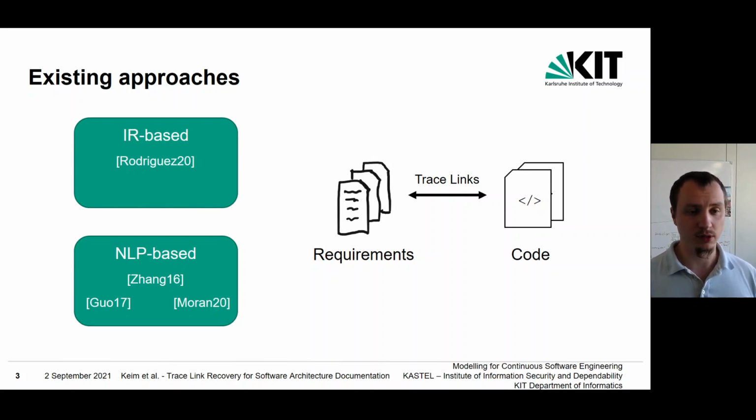Information retrieval approaches are more historically used, and one example is the approach by Rodriguez and Carver, who use the non-dominated sorting genetic algorithm. Information retrieval approaches in general have different problems. For example, they usually cannot deal with polysemy and they disregard semantics.